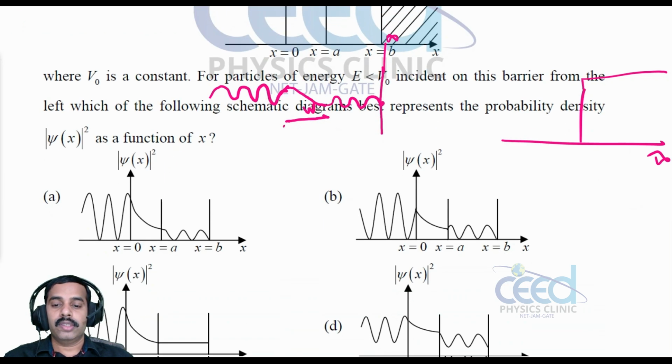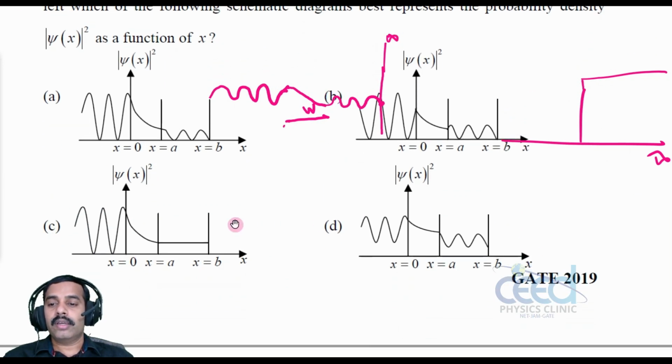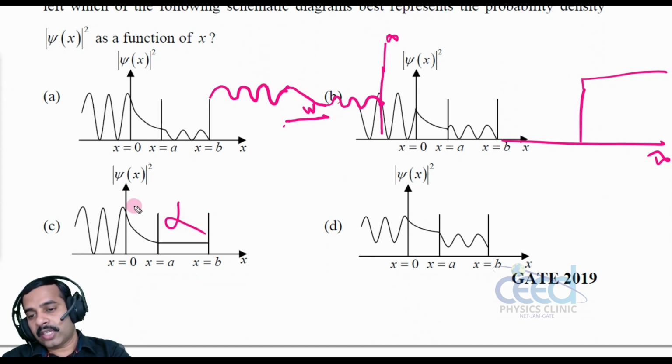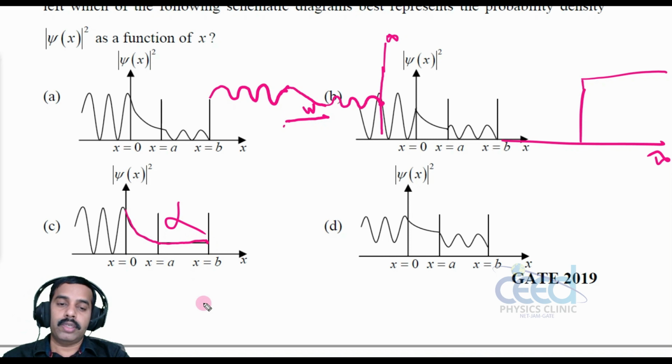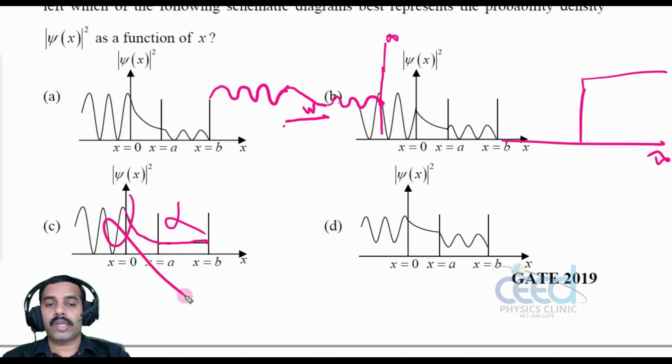Look into these diagrams. This option is not correct. It decays exponentially and then attains a constant probability, which is not possible, right? So this option is not correct.